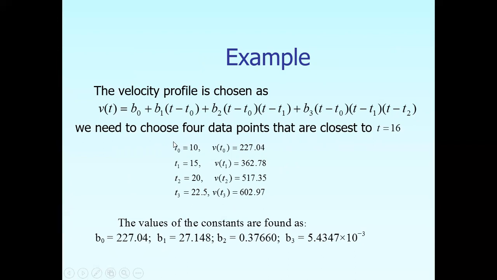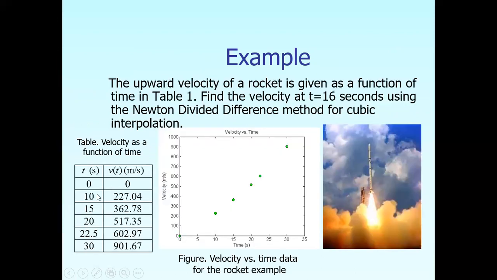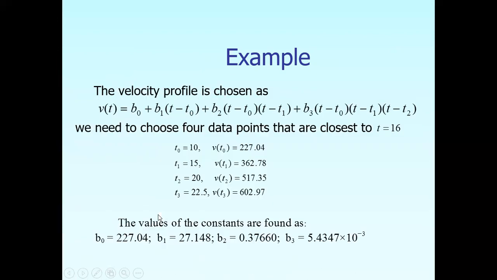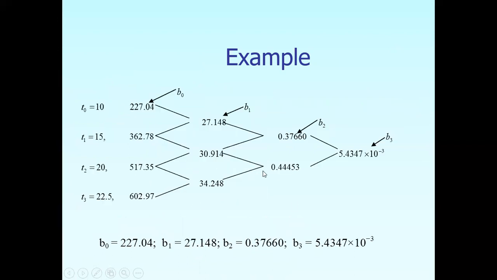Here t0, t1, t2, t3 are 10, 15, 20, 22.5. Then b0 is equal to 227.04, b1 is equal to 27.148, and b2 and b3 will be found from that table.